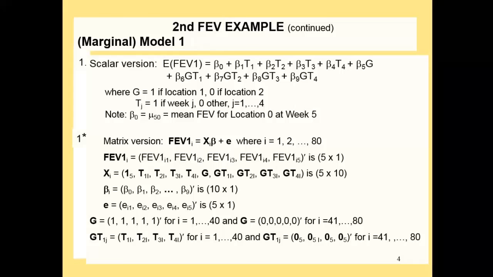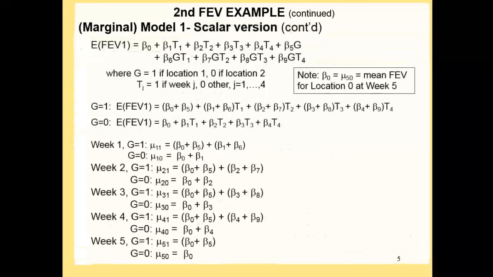Now let's just do a little bit with it, and then I'm going to stop. Look at this model, and think about this. G is 1 if location 1, 0 if location 2.